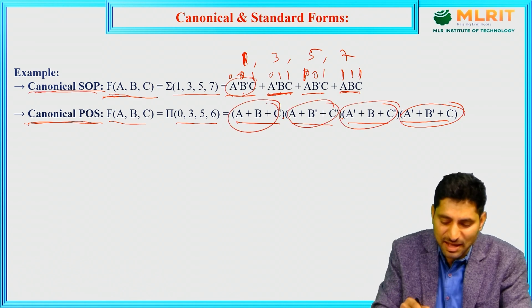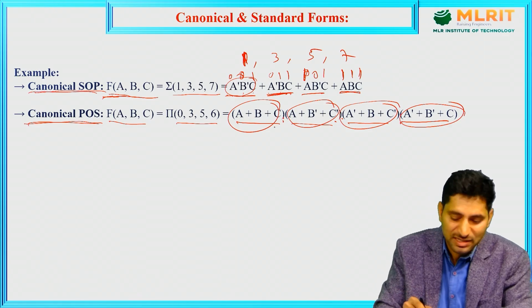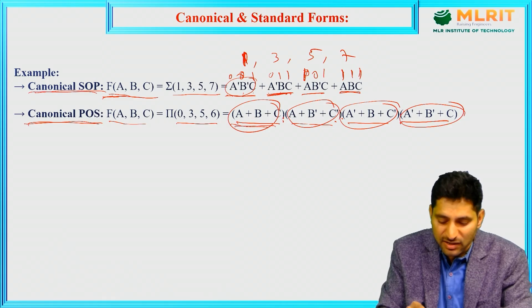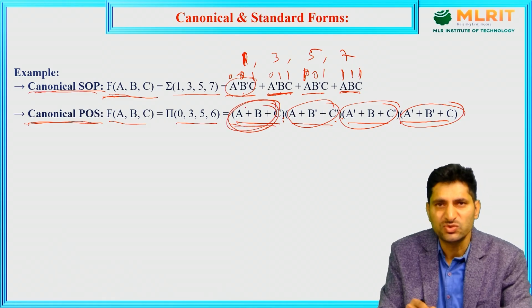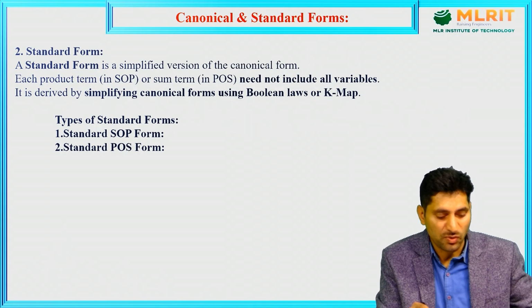In between these sum terms, I am using the product. So this is the product of sum form. Here all the variables exist in true form or complemented form.